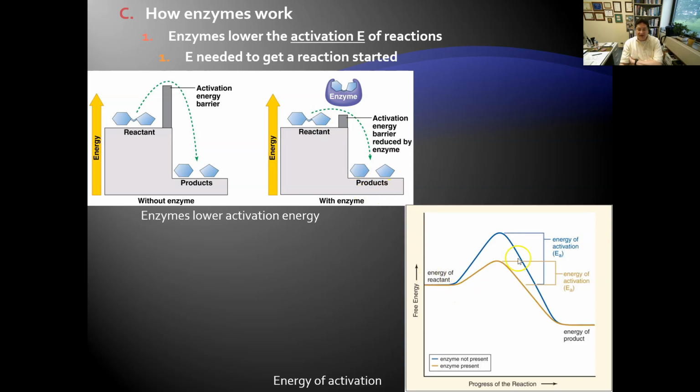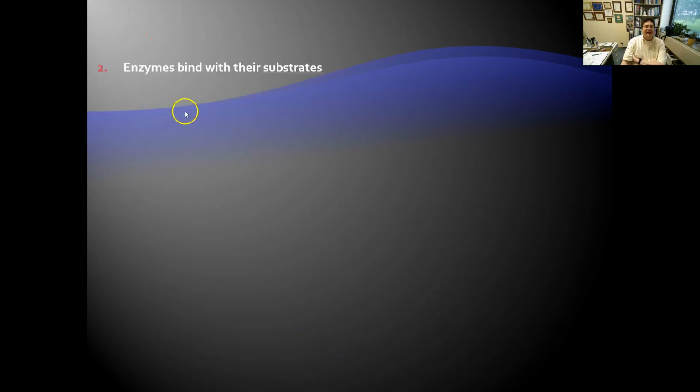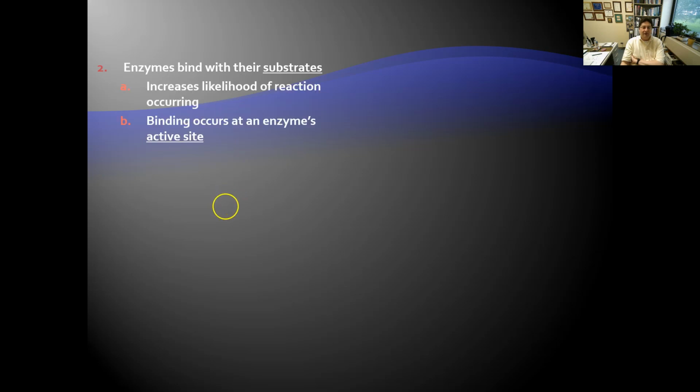We can see that in a graph form here. Now, how an enzyme does that is enzymes bind with their substrate. Remember, the substrate is the one substance the enzyme works on, and it increases the likelihood of a reaction occurring. When an enzyme binds to its substrate, it does so at what's called the active site.